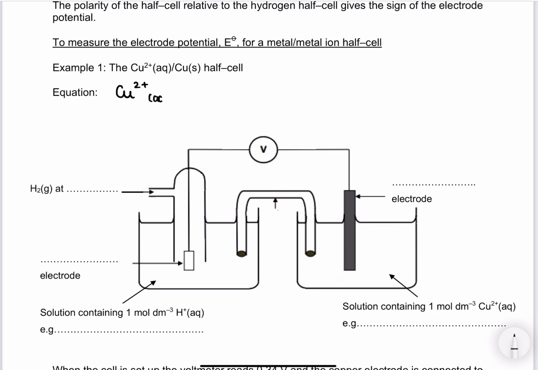So Cu2+(aq). We're going to put our reversible arrow over here, and then we're going to say Cu solid over here. That was the thing that came after the slash, and then we can balance that equation with electrons, or hydrogen ions and water if it was a more complicated half equation.